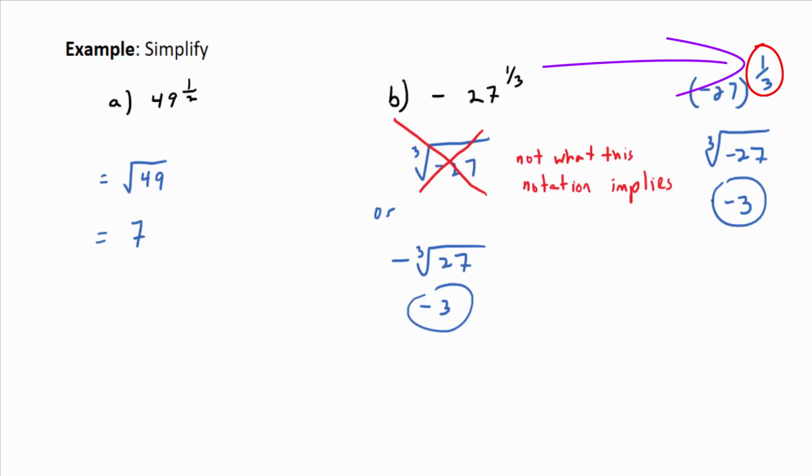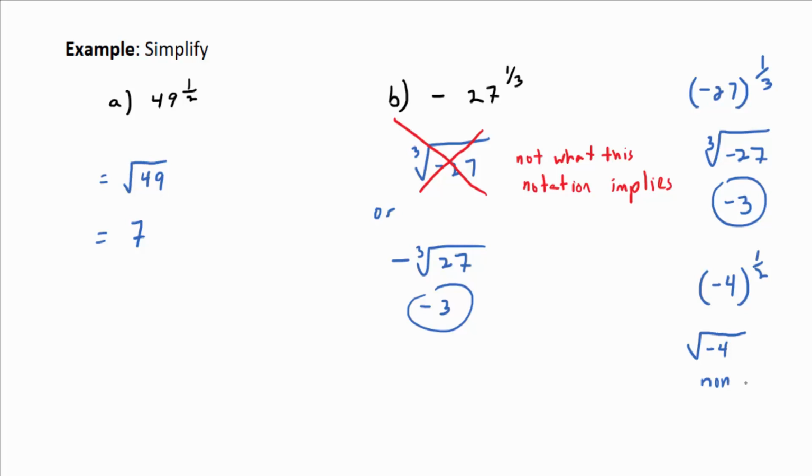If this were a 1/4 or a 1/2, and you had the negative number in parentheses, then it would be a non-real answer. So if you had negative 4 in parentheses to the 1/2, that would be the square root of negative 4, non-real. We don't know how to take the square root of a negative number yet, or we're pretending like we don't.